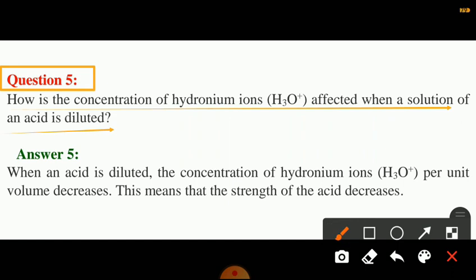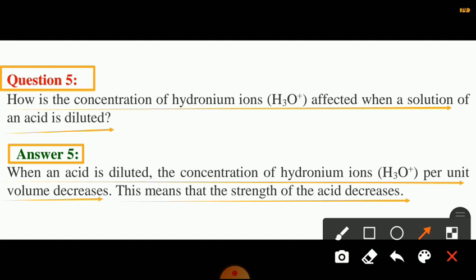So the number of hydronium ions per unit volume will decrease, which means the strength of acid will decrease. So here in the answer we should write, when an acid is diluted, the concentration of hydronium ion H3O positive ions per unit volume decreases. This means that the strength of the acid decreases.